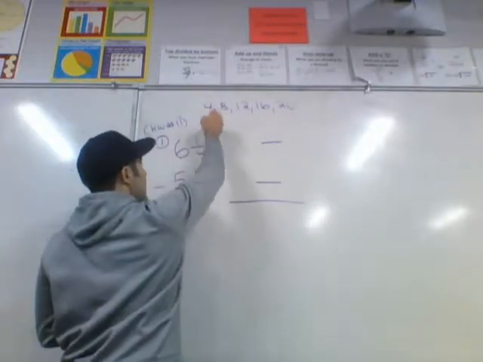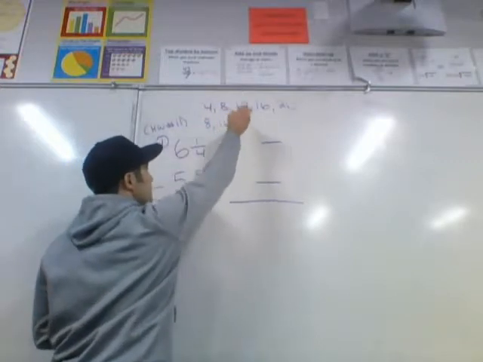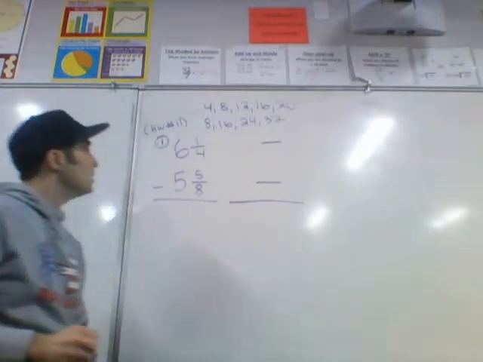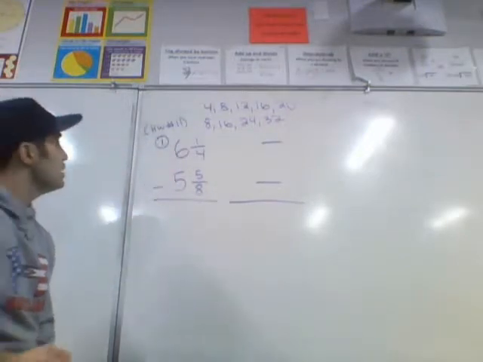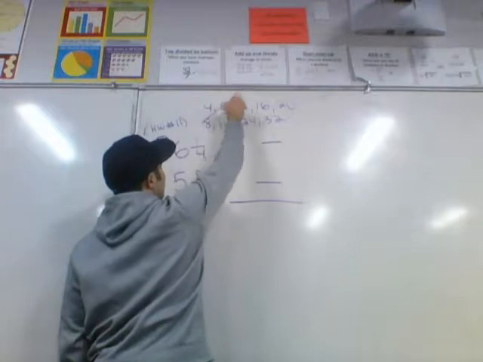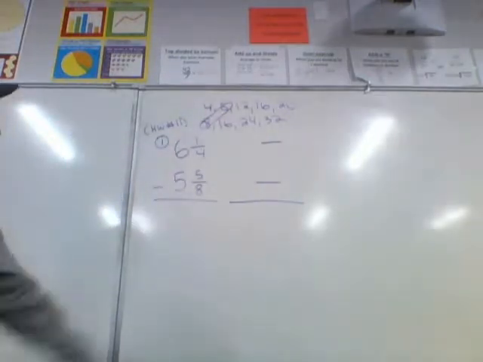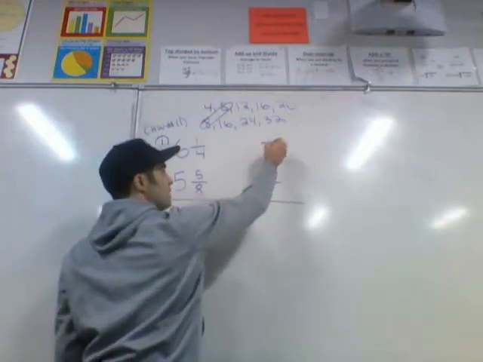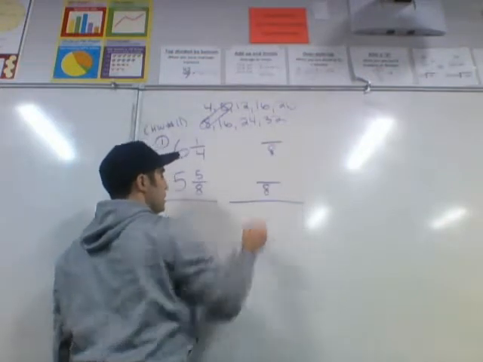Multiples of 8: 8, 16, 24, 32. We'll stop there. Notice that 8 is the least common multiple right there. Okay, 16 is a common multiple, but it's not the least common multiple. So 8 is going to be our common denominator.